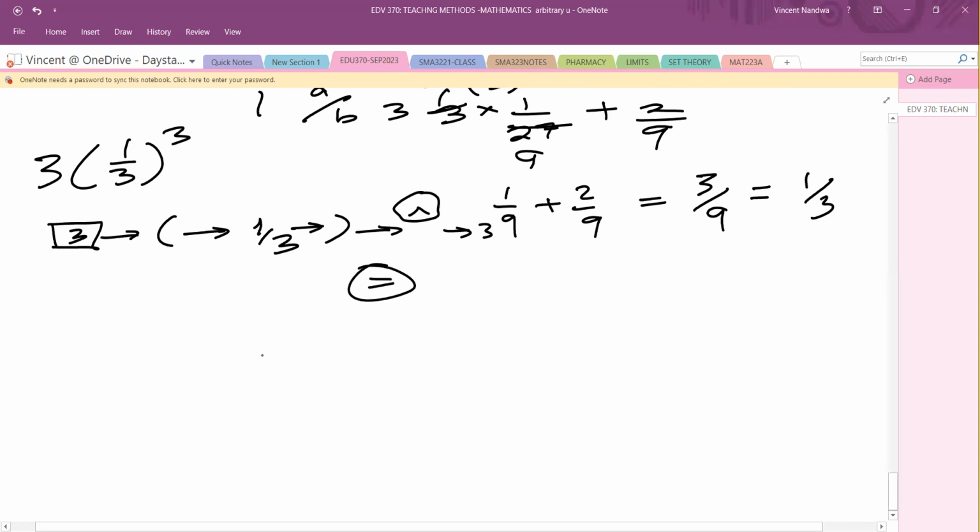Next one is, I think now you can try numbers 3, 4, and 5. Like the other one, it will be the limit as x approaches -1 of 3x power 4 minus 2x power 3 plus 4x.